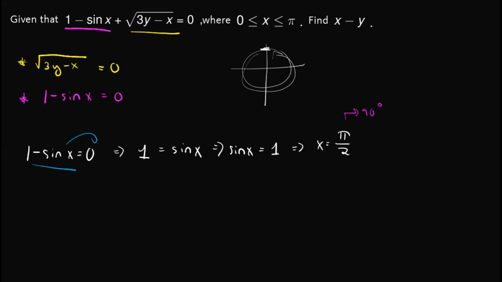But since the problem states that x is only from 0 to pi, the only value that would make sine x equal to 1 is pi over 2, or 90 degrees.